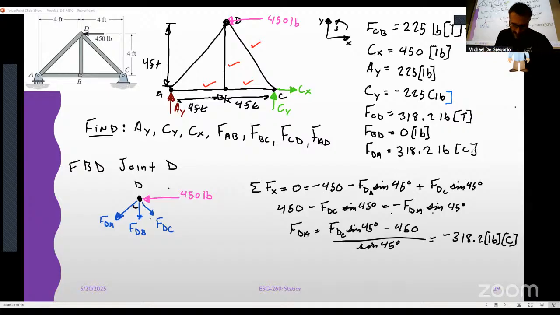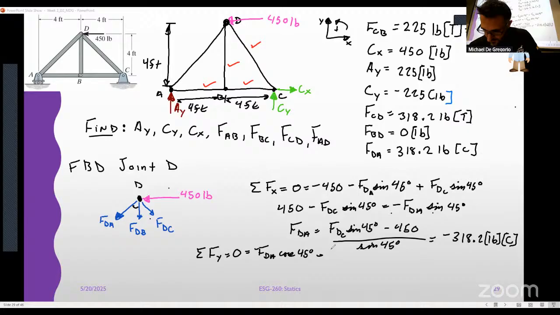All right, the last thing is we'll check it. Like I said, you can use joint A, or you can use the sum of the forces in the y direction equal to 0: negative FDA cosine 45 degrees minus FDC cosine 45 degrees.